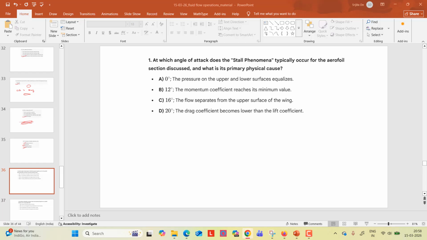At which angle of attack does the stall phenomena typically occur for the aerofoil section discussed, and what is its primary physical cause?